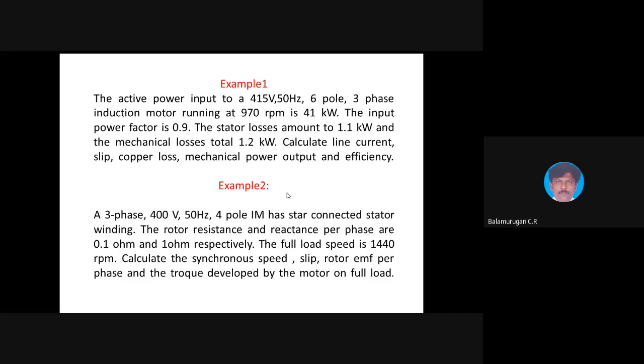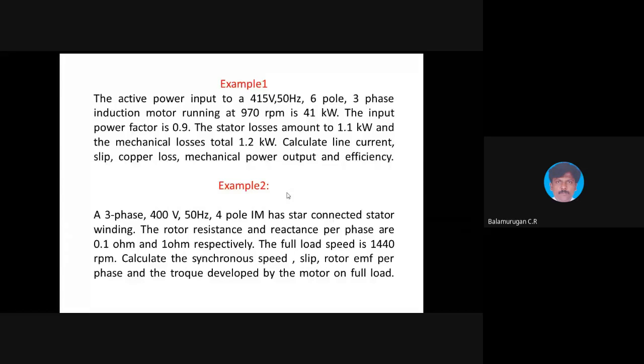Okay. So next subdivision, the fourth subdivision. You are supposed to calculate mechanical power output and efficiency. So mechanical power output. We'll have two notations in mechanical.